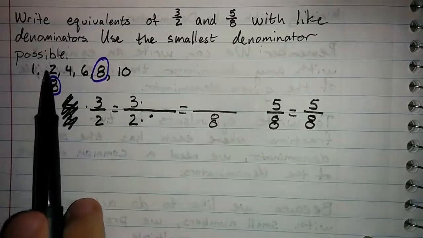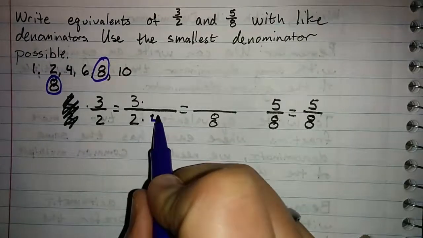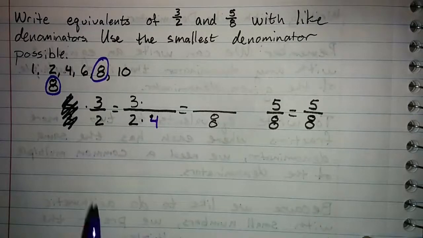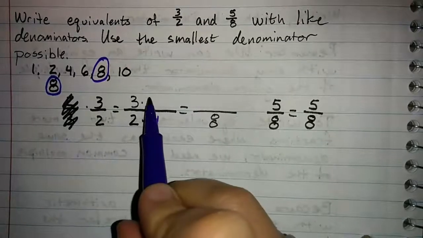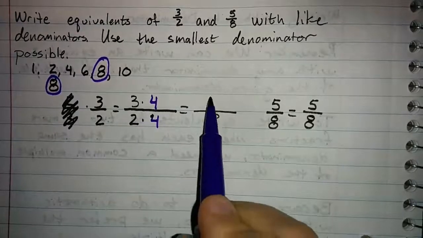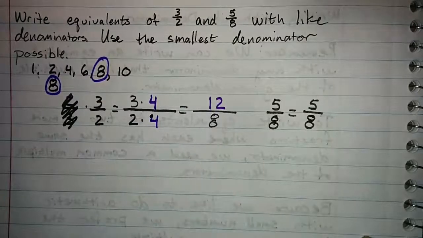We can count in our list, 1, 2, 3, 4, or we can check our multiplication table. Either way, 2 times 4 is 8. We're cutting each half into 4 equal parts. So each of our 3 halves gets cut into 4 equal parts. 3 times 4, 3 halves is equal to 12/8.